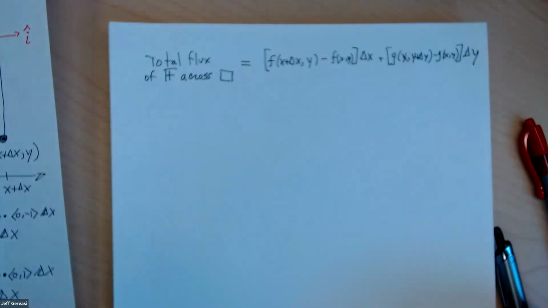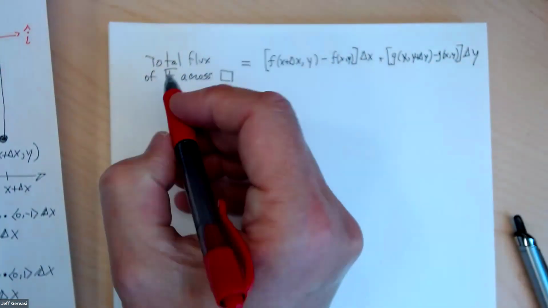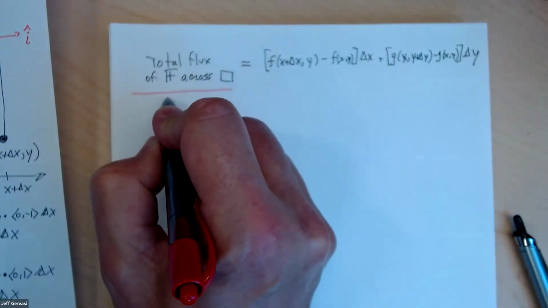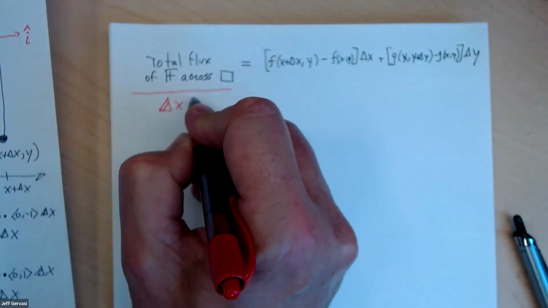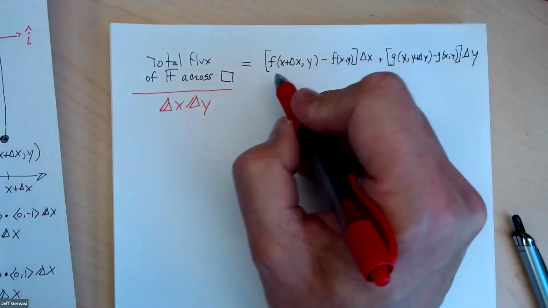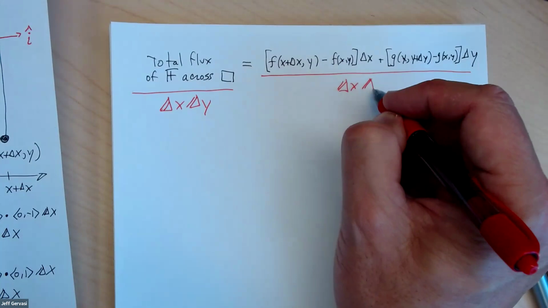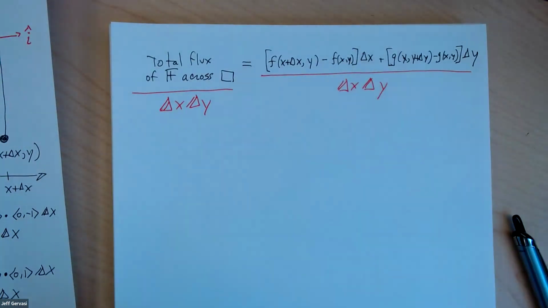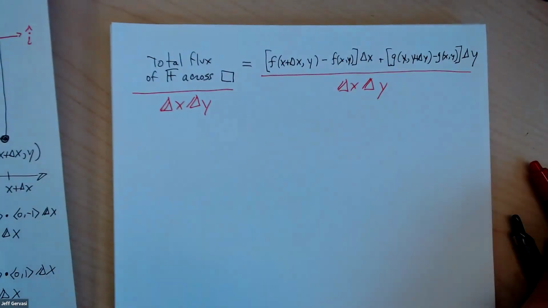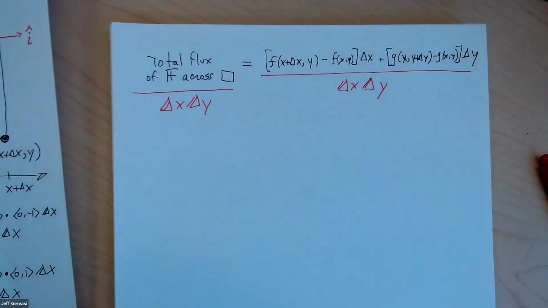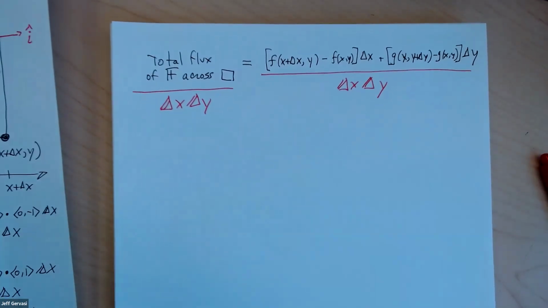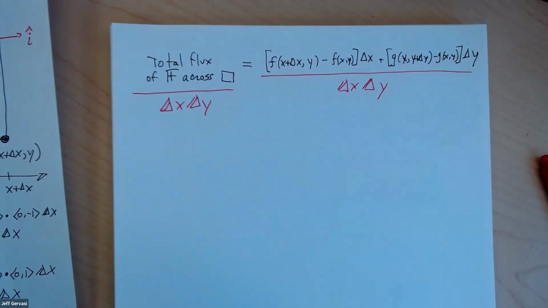Okay. Next, I'm going to divide both sides by delta x and delta y, the area of the rectangle itself. Again, I'm dividing both sides by the area of the rectangle itself. This we can think of as the total flux per unit of area. Okay, so it's a rate, the total flux per unit of area.